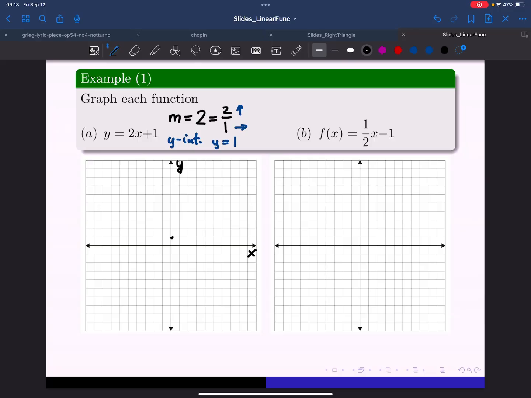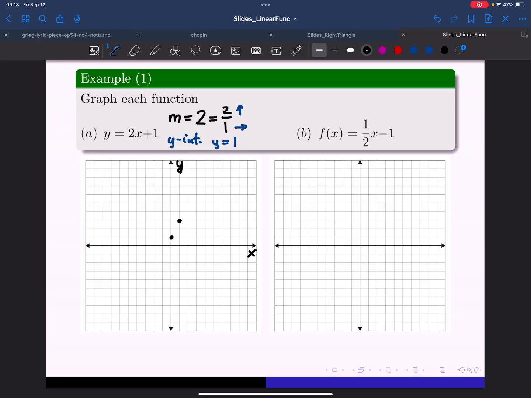So this is the point on the y-axis. Then I'm going to proceed according to slope: 2 units up and 1 unit to the right. So from this point we go 1, 2 and 1 to the right. That's my second point on the graph.